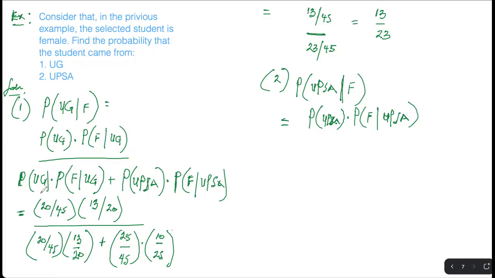And if you look at it clearly, the bottom would still be the same. It's still going to be the same summation, it won't change. So I'll just simply write over 23 on 45.